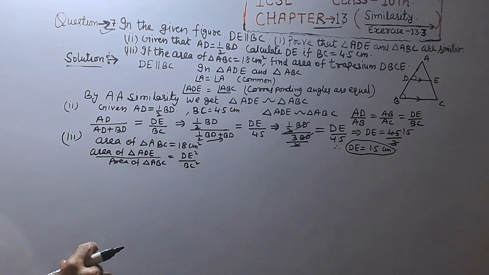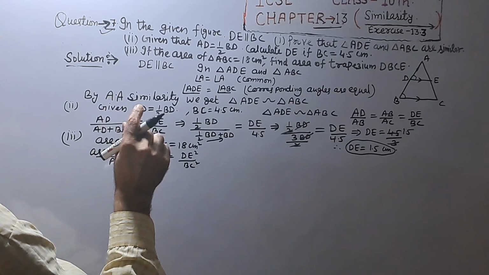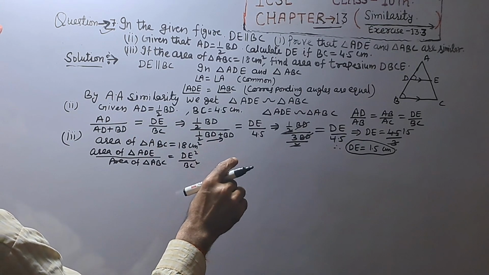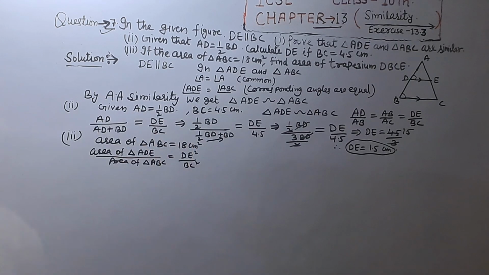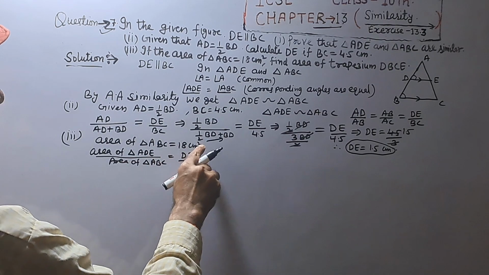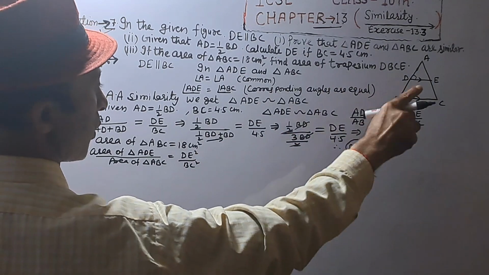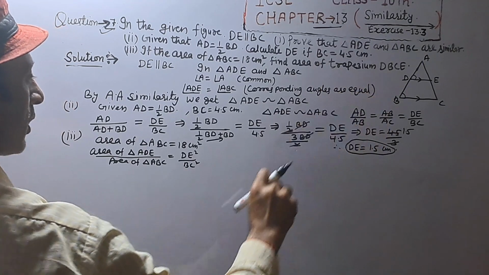As we know that the ratio of areas of two similar triangles is equal to the ratio of squares of their corresponding sides, that is DE square upon BC square is equal to AB square upon AC square is equal to AD square upon AB square.